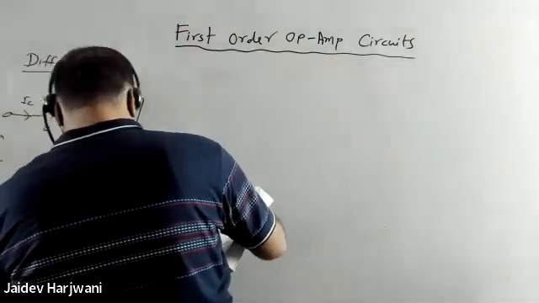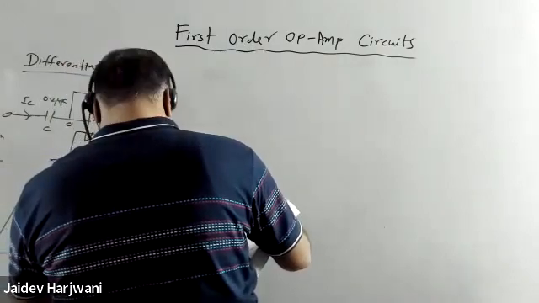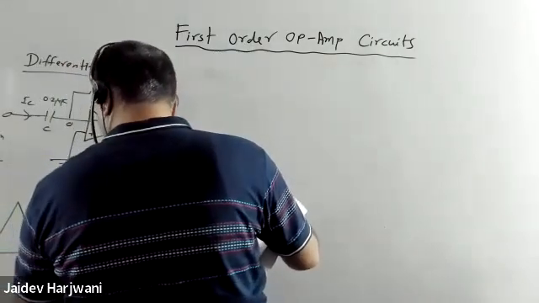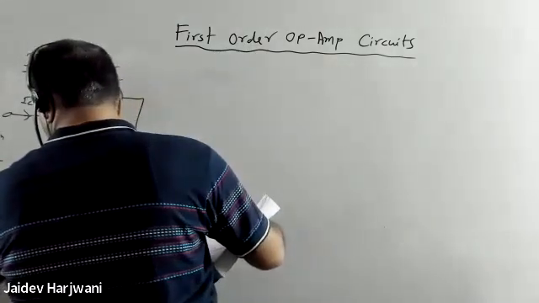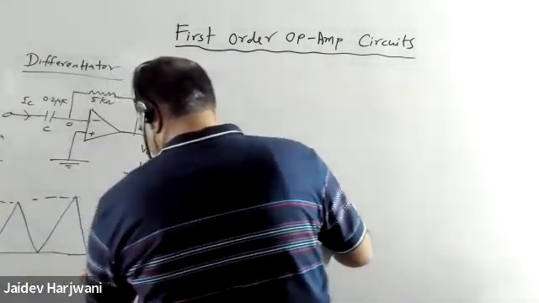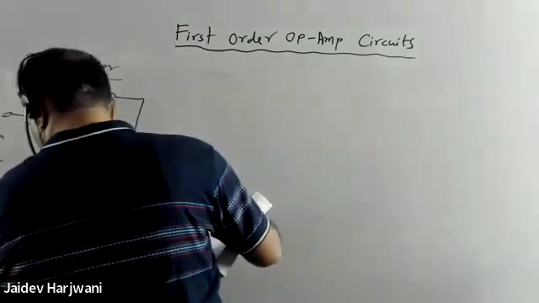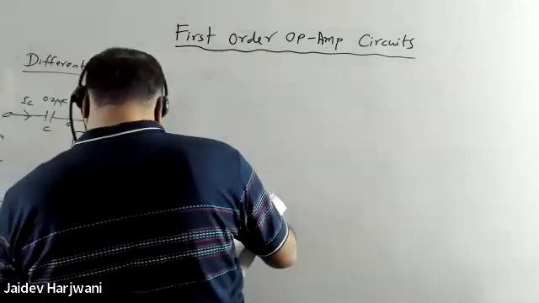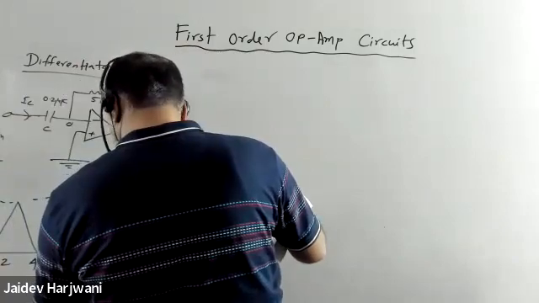This is input wave. Okay, the peak value is here V naught V. Okay, and here the scale is millisecond. Okay, so this is 0, this is 2, this is 4, this is 6, and this is 8.